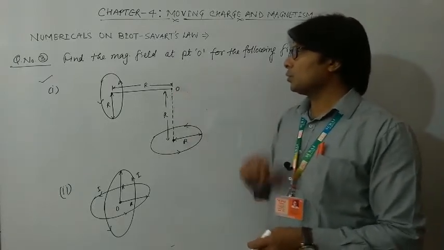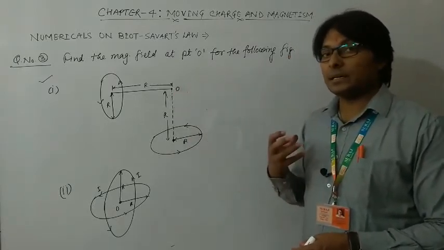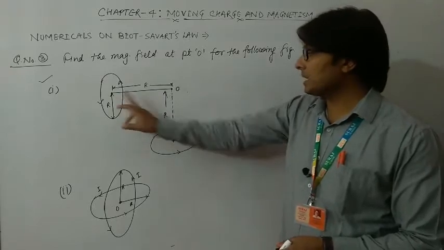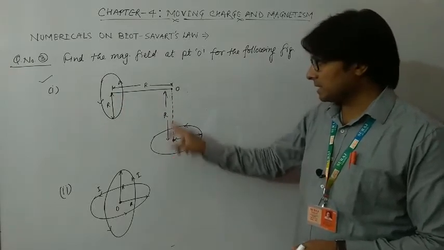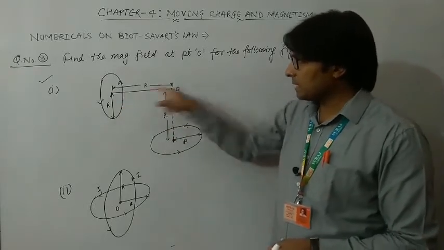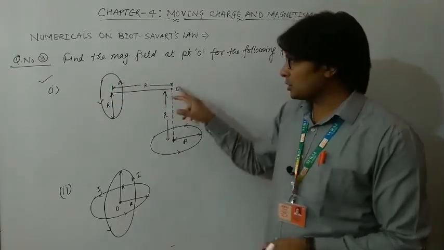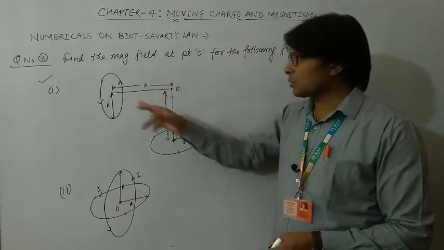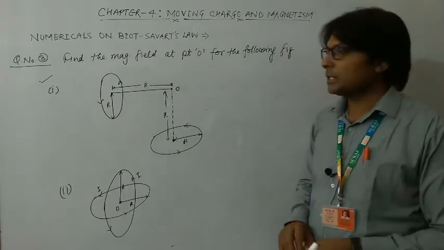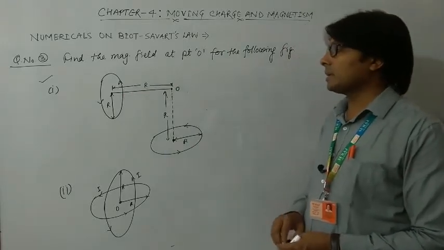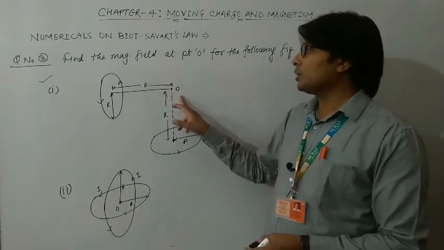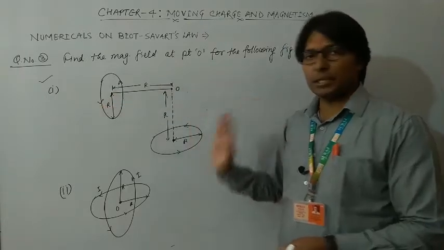So point O is at the axis of this loop as well as this loop. This line is the axis of this loop and this line is the axis of this loop. So this point O is the intersection of these two axes in fact. We have to find out the net magnetic field at point O due to this and this loop.